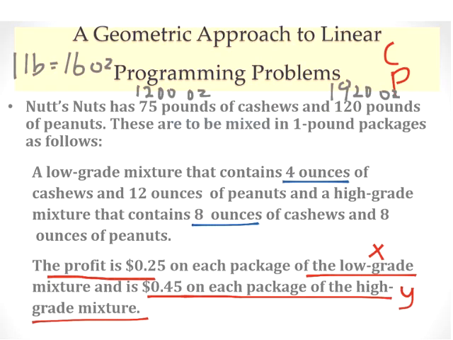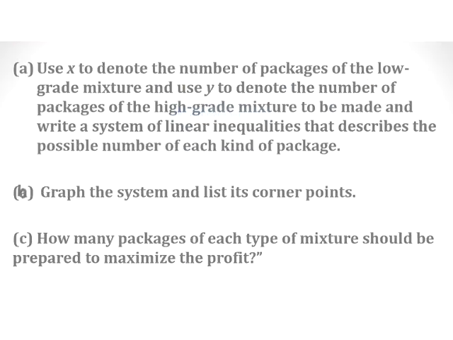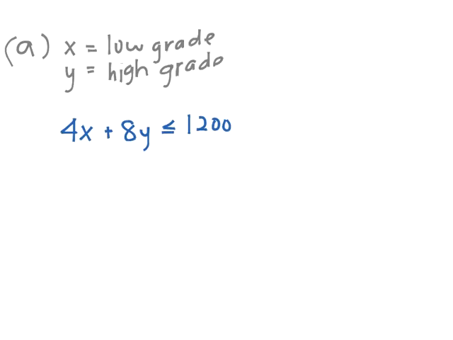1200 ounces, because we changed everything in terms of ounces. Okay, and then for the peanuts, 12 ounces of peanuts in low grade and 8 ounces of peanuts in high grade. 12 and 8, so we can come up with the second limitation, which is for peanuts: 12 ounces of peanuts for low grade and 8 ounces of peanuts in high grade, and the available peanuts we can use is up to 1920 ounces.